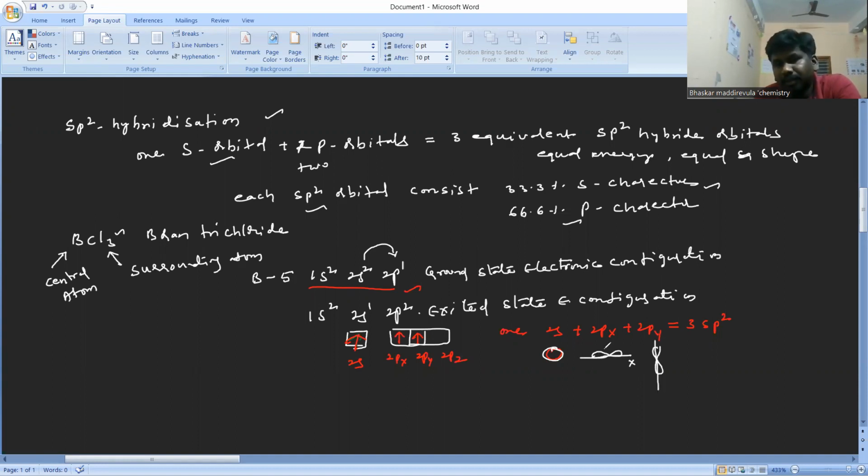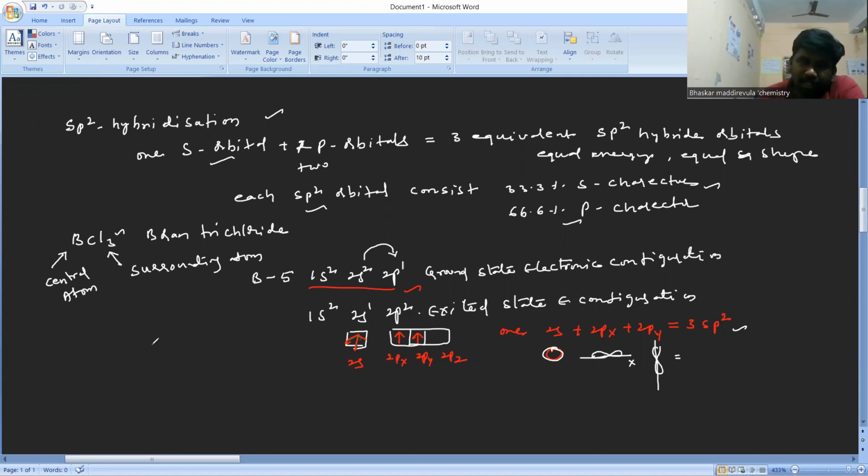By intermixing these, you will get three sp2 hybrid orbitals, which will have equivalent energy with equal shape.